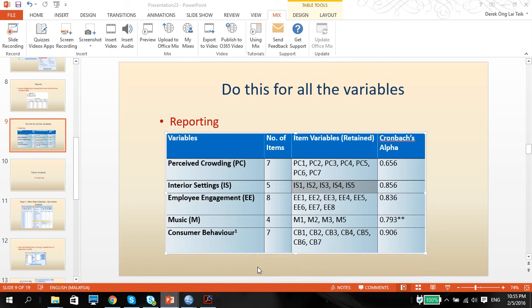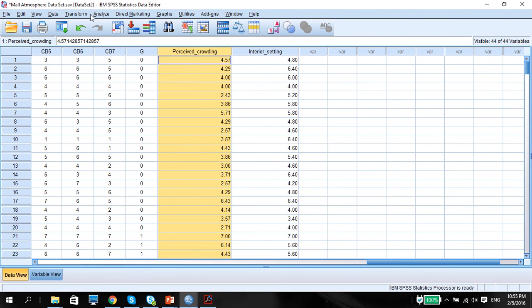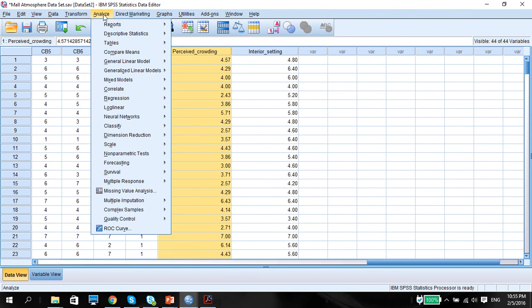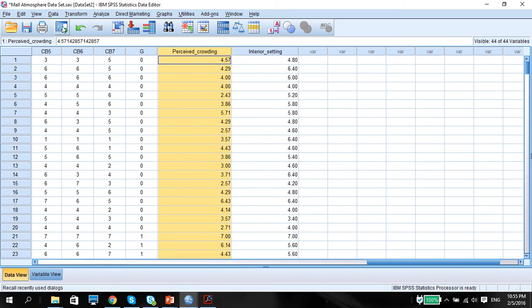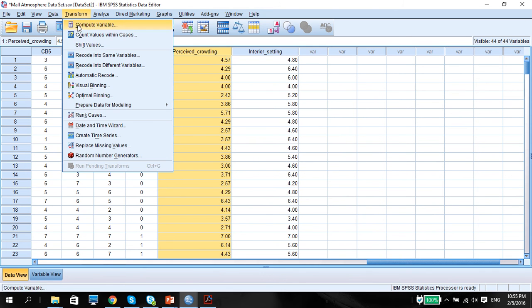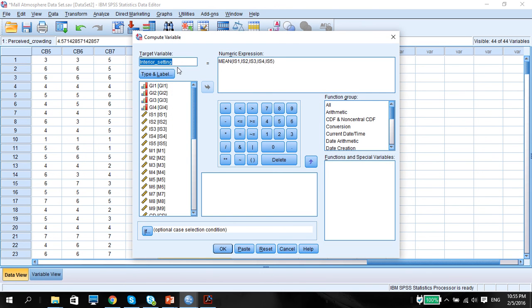Next, we have to do it for employee engagement. Transform, compute variable, employee engagement.